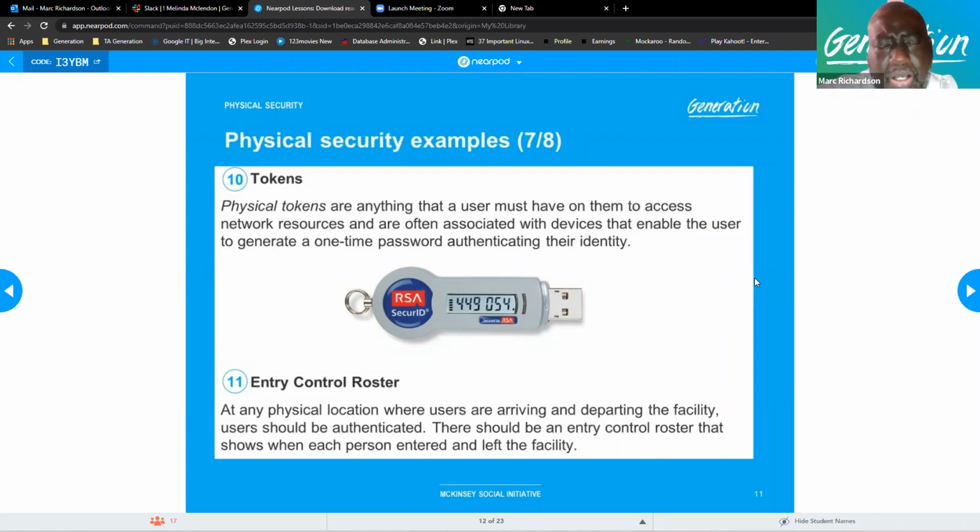If you don't have the token to insert into the computer, maybe through a USB, then you probably will not have access, because that password changes every time. It's not the same every time that you use it.